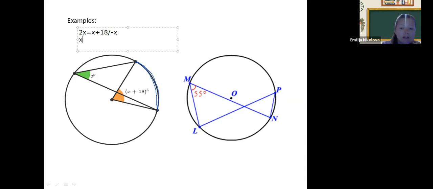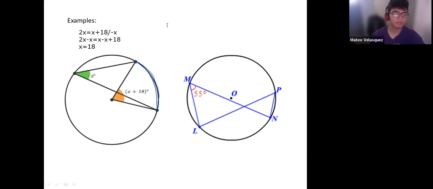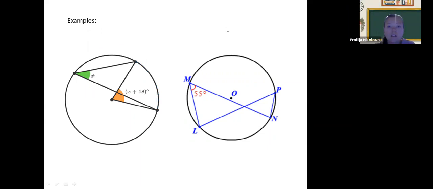And we will get that 2x minus x equals x minus x plus 18. Or just x will be 18. Is it clear? Yes, it's clear. Okay. So let's do the next one.